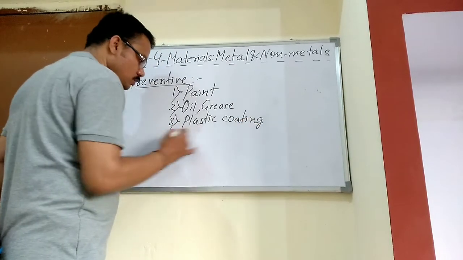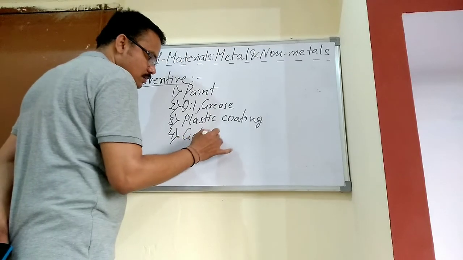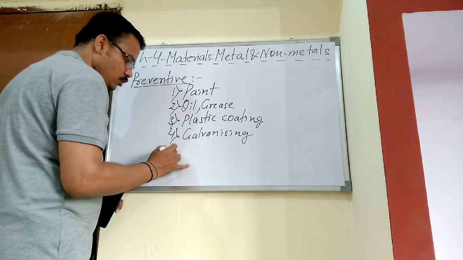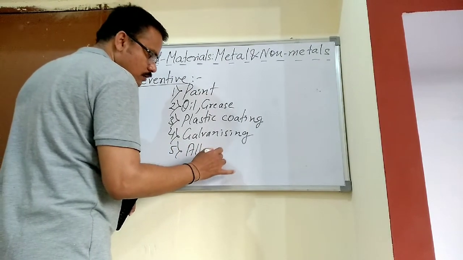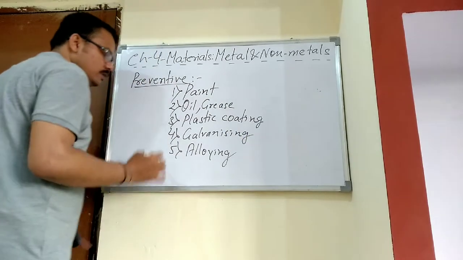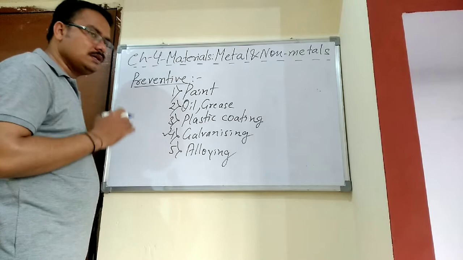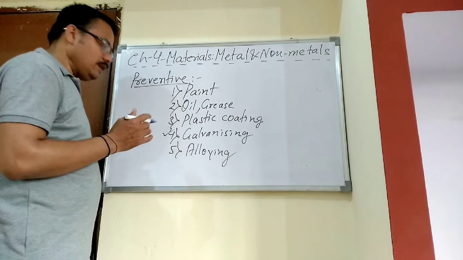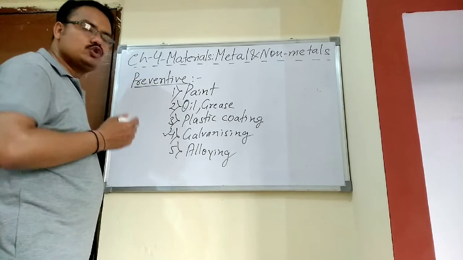You can also do galvanizing, and you can also do alloying. Galvanizing is a method of applying a thin layer on the upper surface of the iron object, so that the iron object would not come in direct contact with the moist air and it would stop rusting.